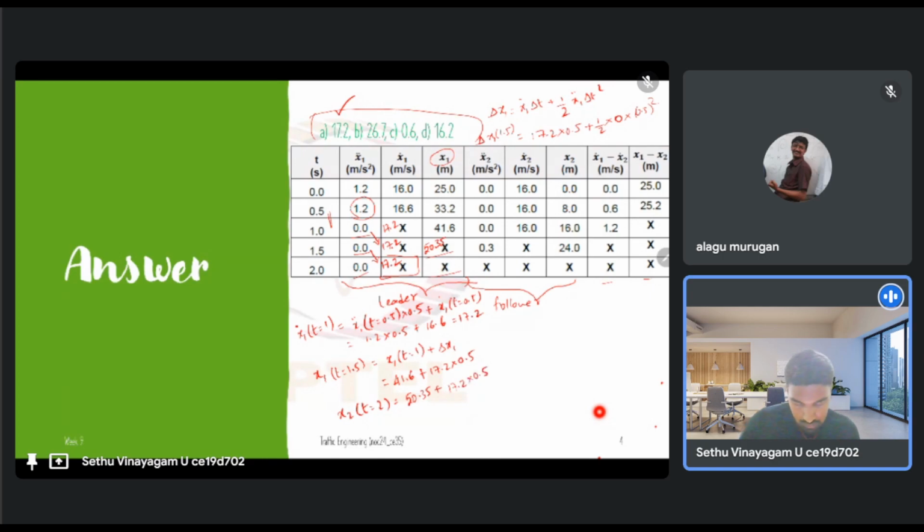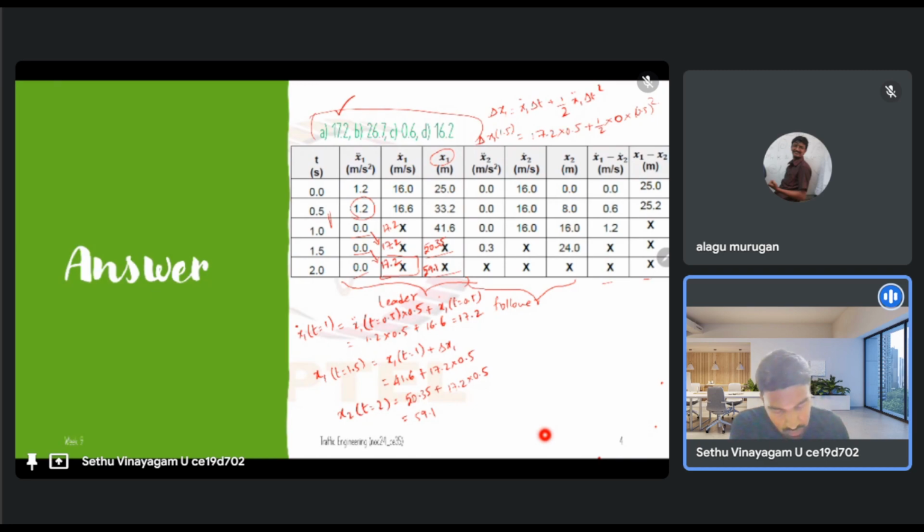Acceleration is still 0, so it will be another 8.75 added to it. 59. Okay, so that is the position of the leader. We only need the leader's speed and acceleration to calculate it.